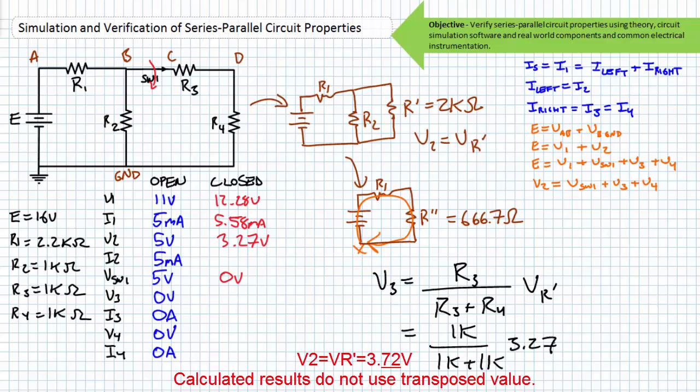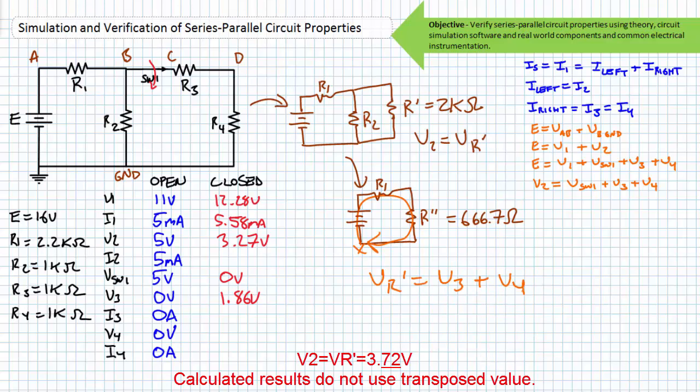Substituting the necessary values, we find V3 equals approximately 1.86 volts. Using KVL or Ohm's law, we can solve for V4. Given VR prime equals V3 plus V4, we can substitute the calculated value of V3 and VR prime and solve for V4 to be 1.86 volts.